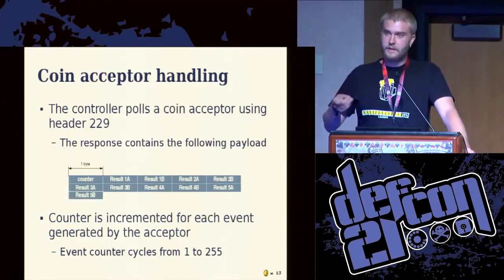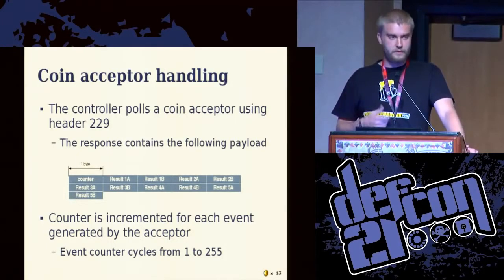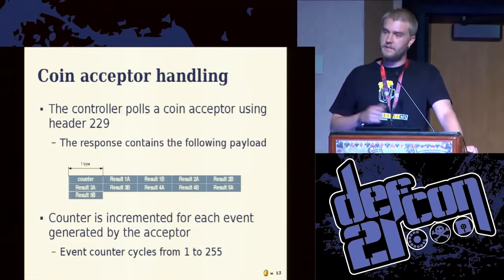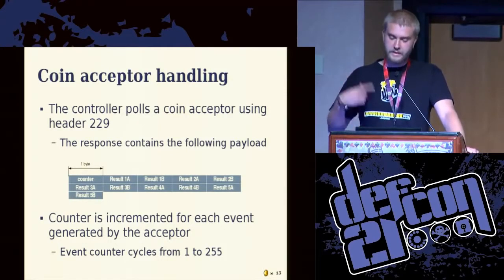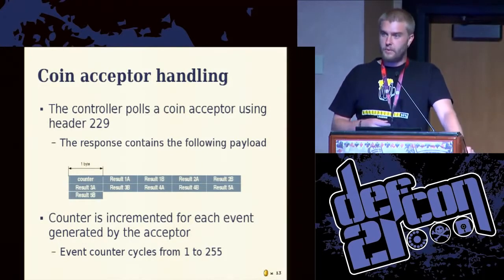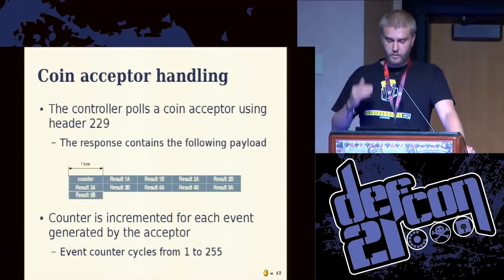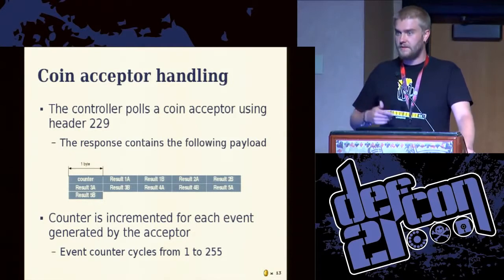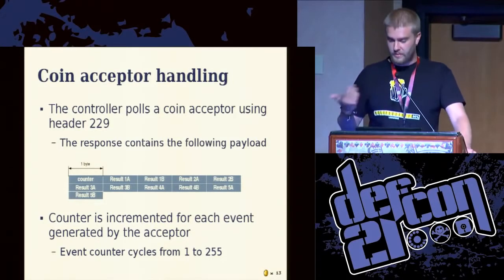The counter is incremented every time the device has a new event, like you inserted a coin, the coin was accepted, was refused, etc. So the main board has to know the state of the counter, and if there's an increment, you know that there was new information and you have to process it.